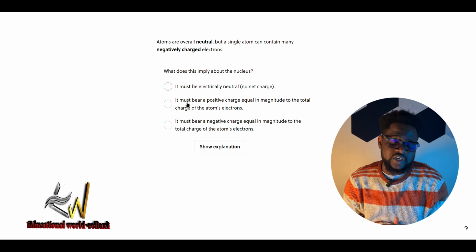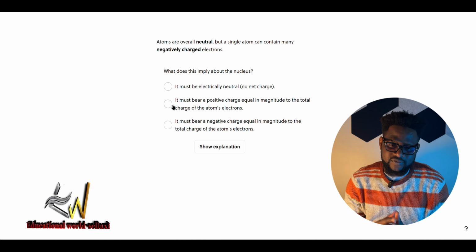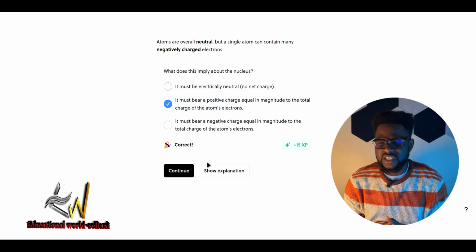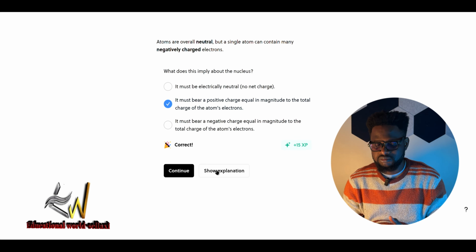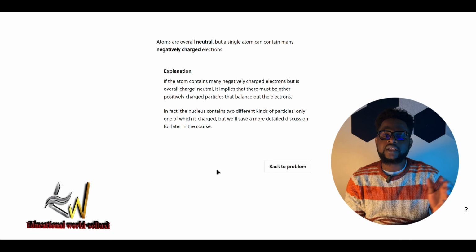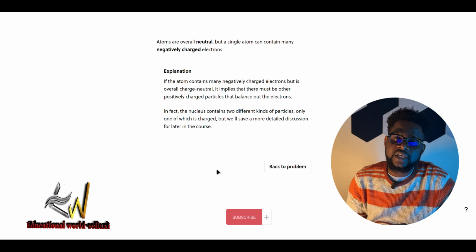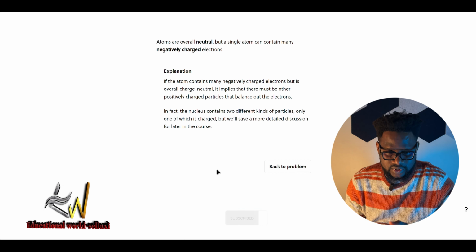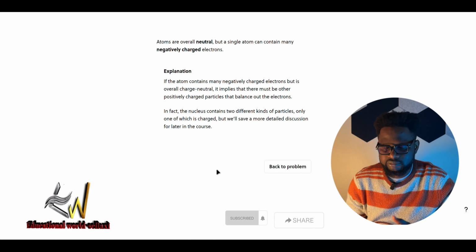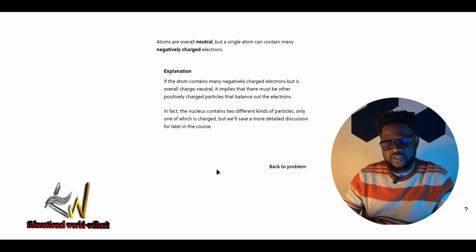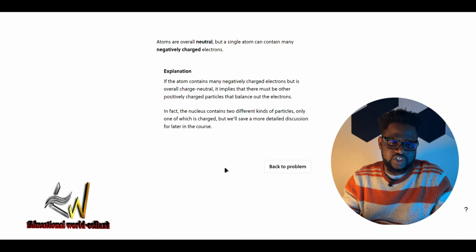It simply means that a nucleus must bear a positive charge equal in magnitude to the total charge of the atom's electrons to make it electrically neutral. So atoms overall are neutral. A single atom can contain many negatively charged electrons, as we said.